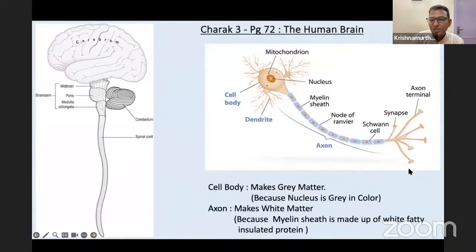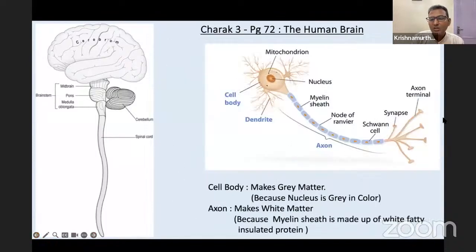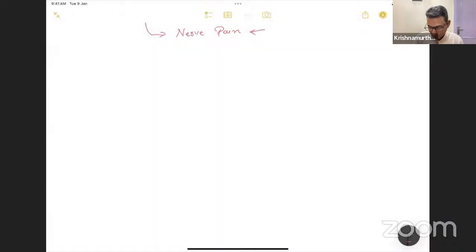So this is the structure of the neuron. I will try to simplify it. See my screen?